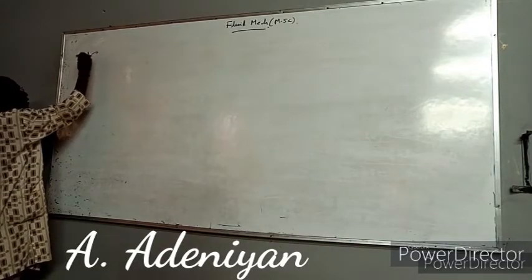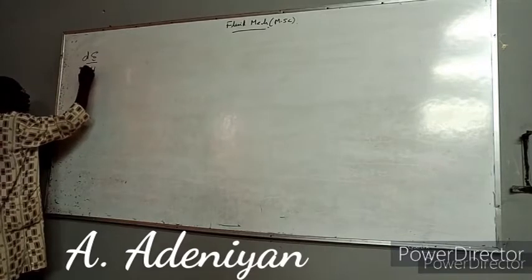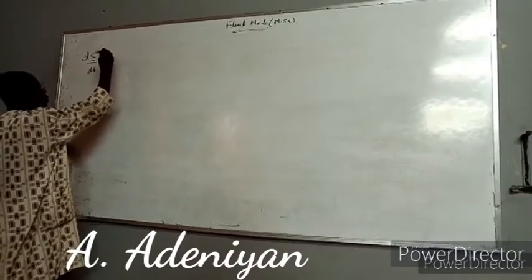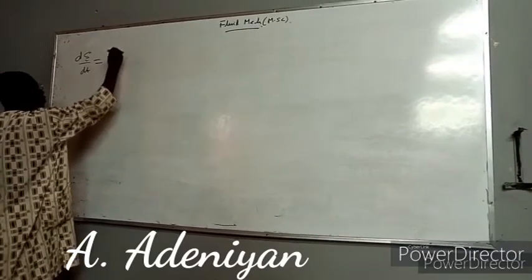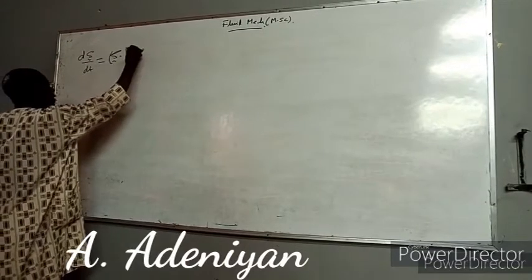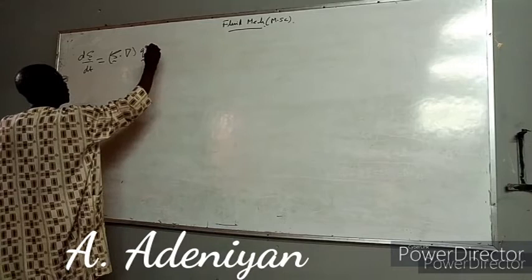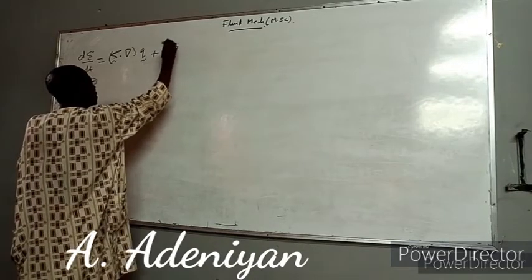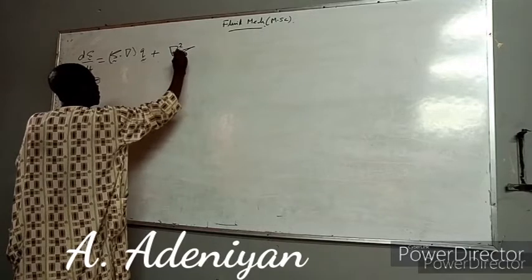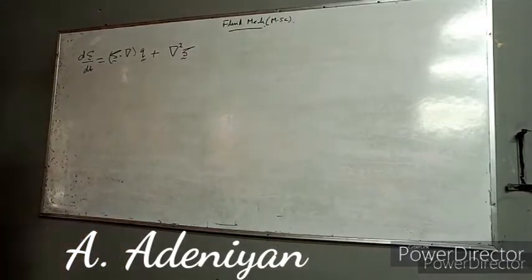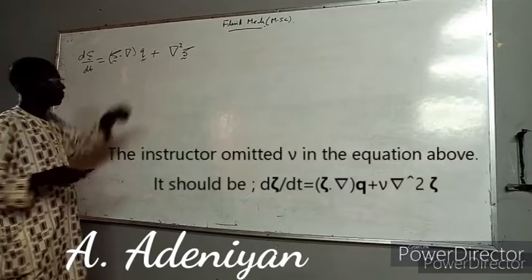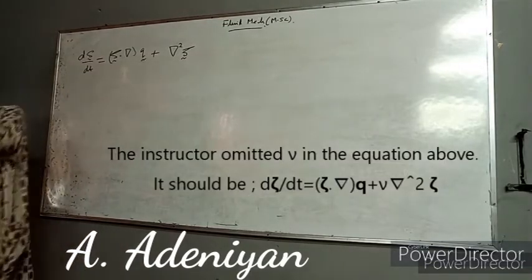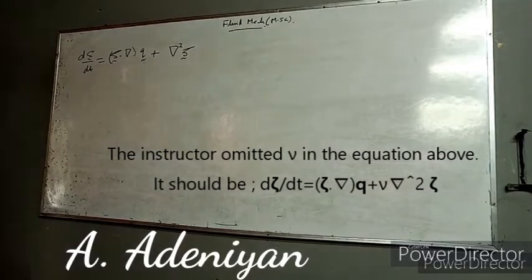That is D zeta/Dt is equal to zeta dot grad q plus the diffusion term. So q stands for the velocity, and zeta stands for the vorticity vector. That is the vorticity vector transport equation.